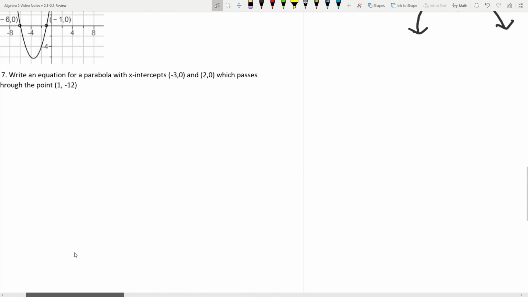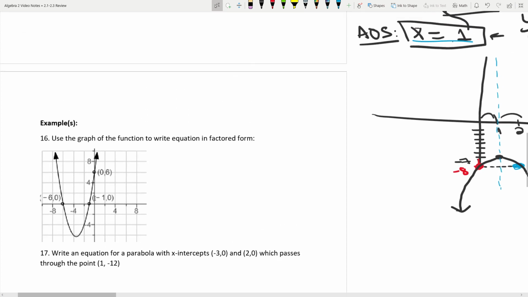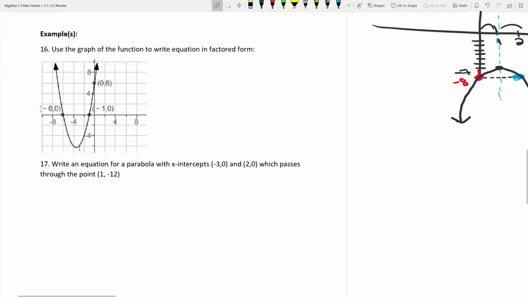All right, we're a couple problems away from being finished. Use the graph of the function to write the equation in factored form. So we need to basically use this graph to write it in factored form. Okay, so we can probably do it here.